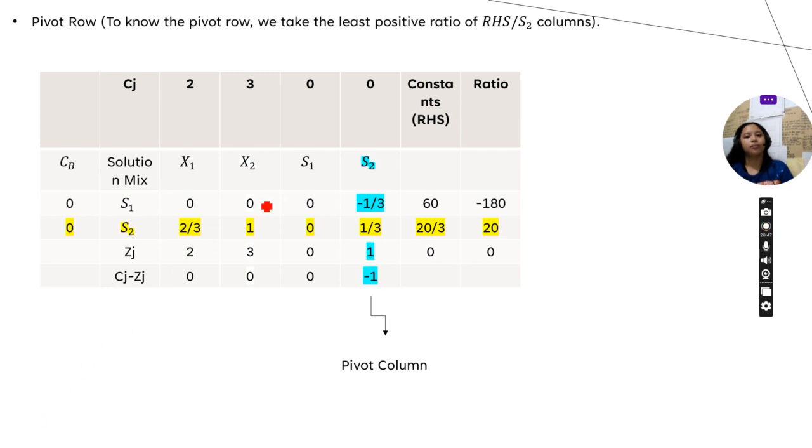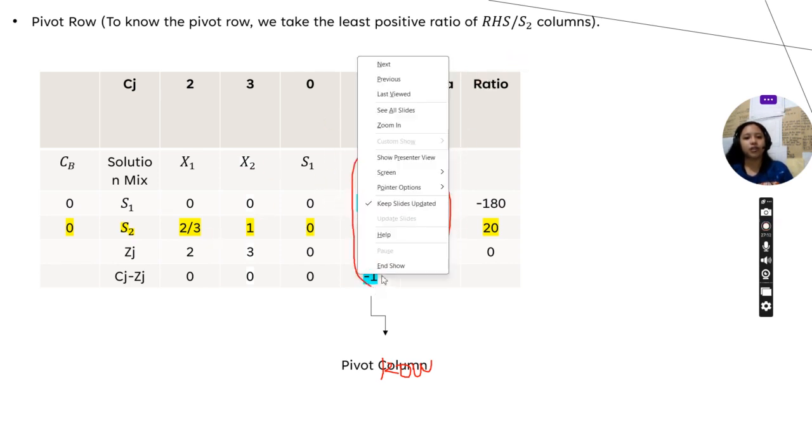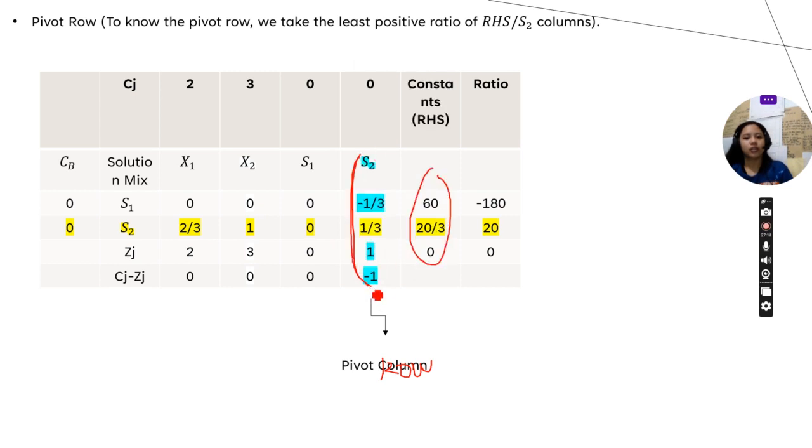So next, to find the pivot row, to know the pivot row, we take the least positive ratio of RHS over S2, because this is already our pivot column.